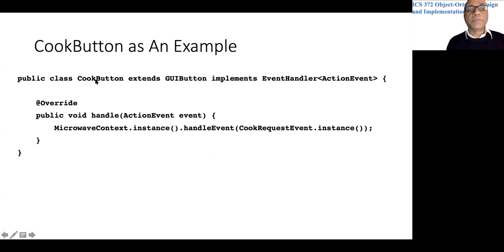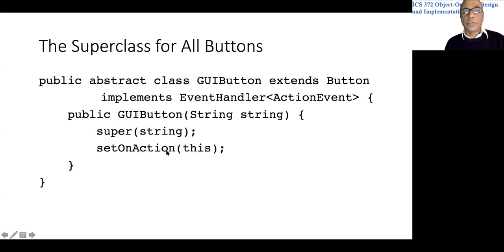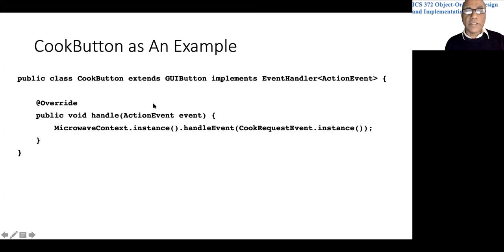For example, the cook button, its constructor has to call the superclass's constructor with cook as the parameter, but the handle method to take care of clicks would call the handle event method of the context.